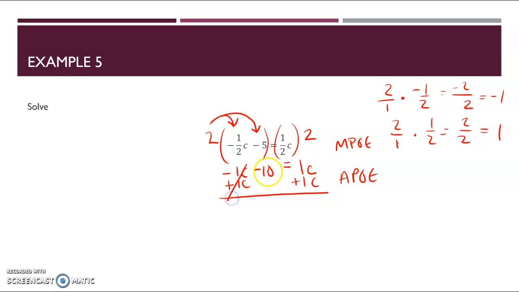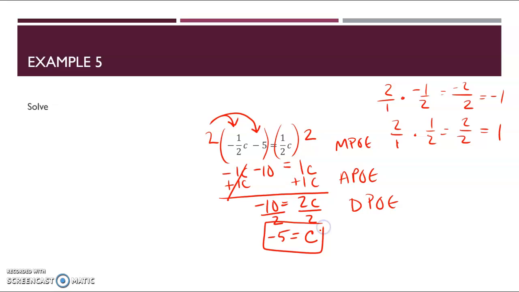We're left with negative 10 equals 2c. I need to do the opposite of multiplying, which is to divide. So with the division property of equality, we divide both sides by 2 so that we get negative 5 equals c. Now this should be our final answer.